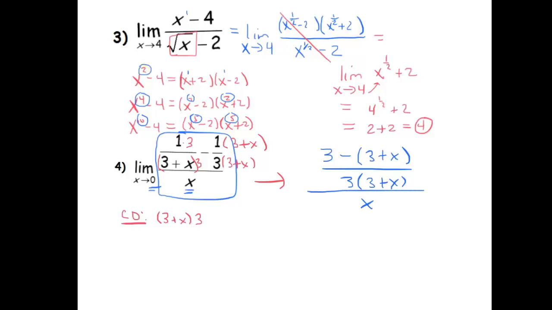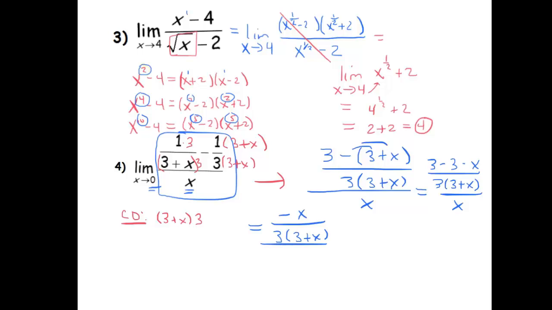And now watch what happens. What we want to have happen is going to happen, fortunately. So this can reduce to 3 minus 3 minus x divided by 3 times 3 plus x, divided by x. And now that becomes negative x on the top divided by 3 times 3 plus x, divided by x.